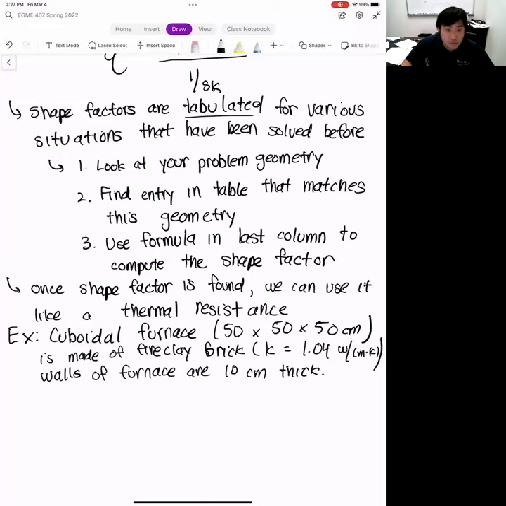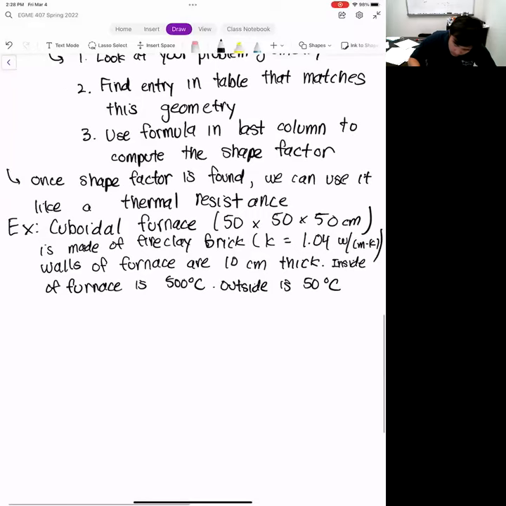The inside of the furnace is 500 degrees C, and the outside of the furnace is 50 degrees C. Under these conditions, let's compute the heat loss from the furnace.